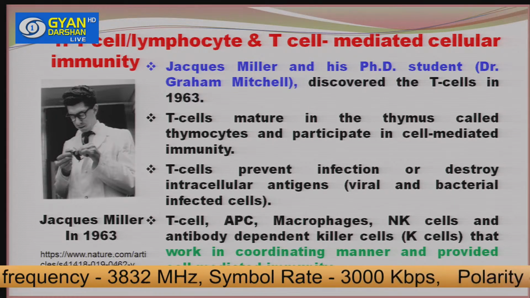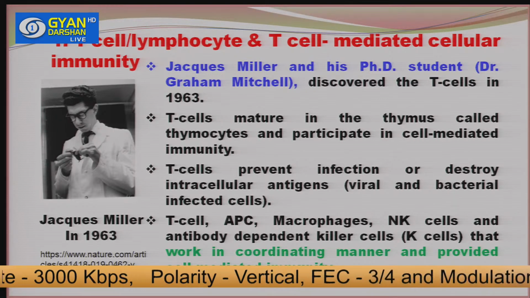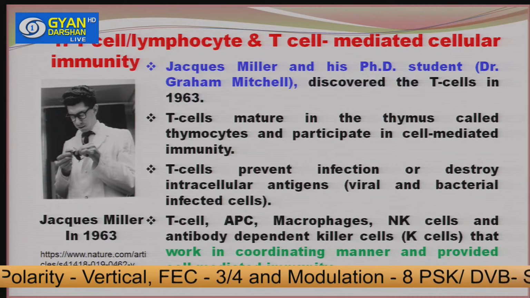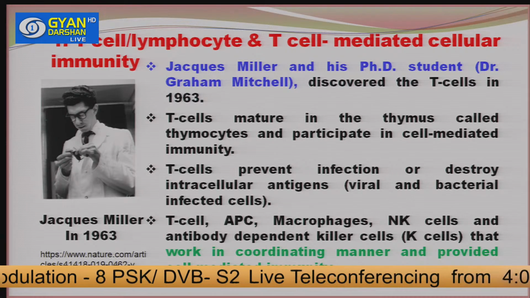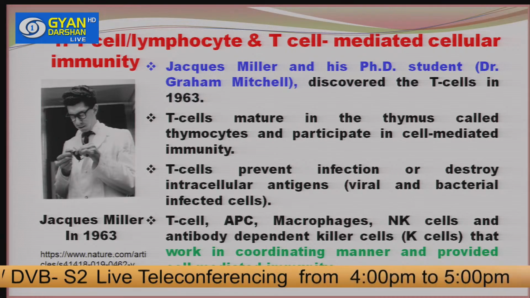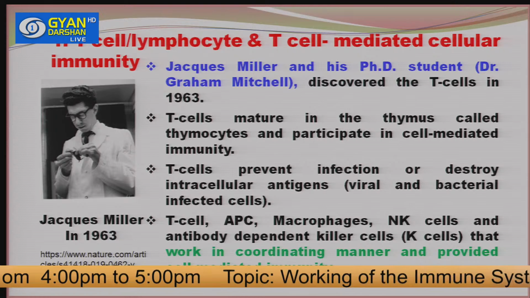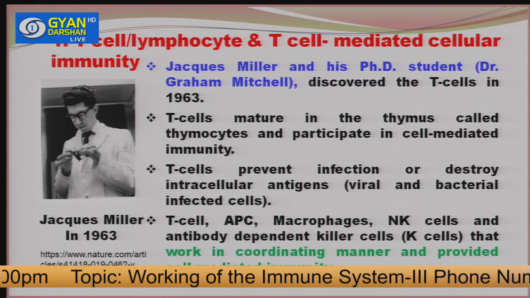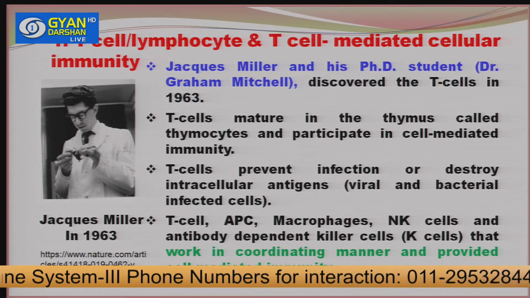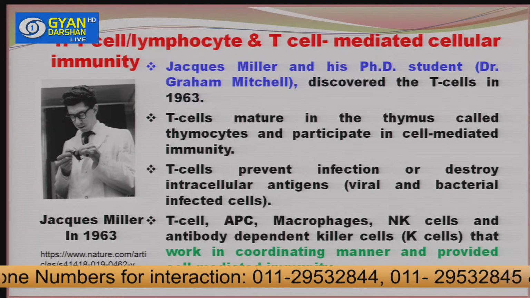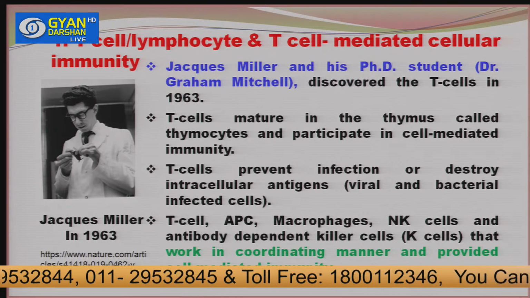In cell-mediated immunity, the T cell and antigen-presenting cells are involved. T cells prevent infection or destroy intracellular antigens, like viral and bacterial infected cells. T cells, antigen presenting cells, macrophages, NK cells and antibody dependent killer cells work in a coordinated manner and provide cell mediated immunity.